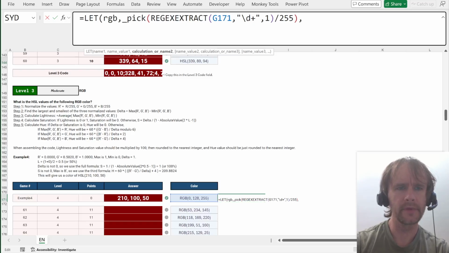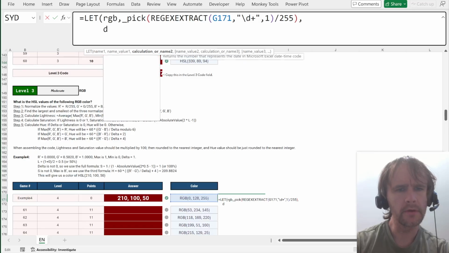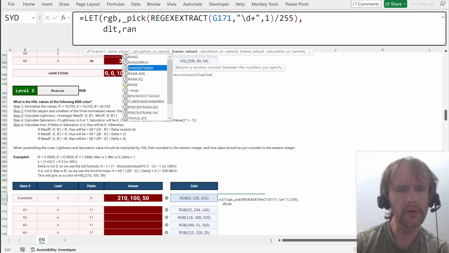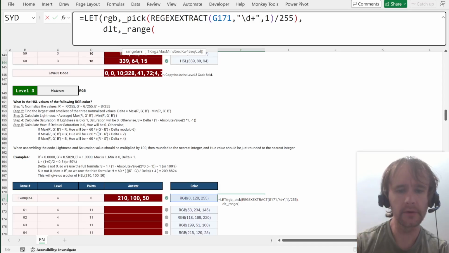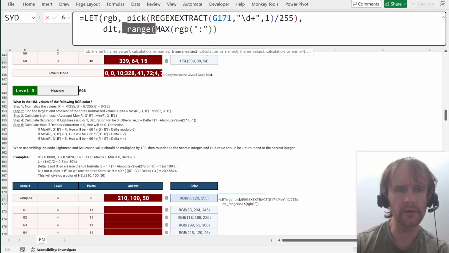Okay, so then delta is going to be range of max of RGB of all of them, and ugh, it's not even worth it, never mind, max minus min.